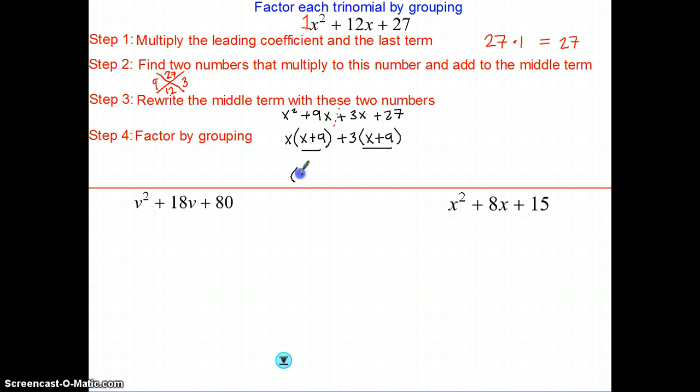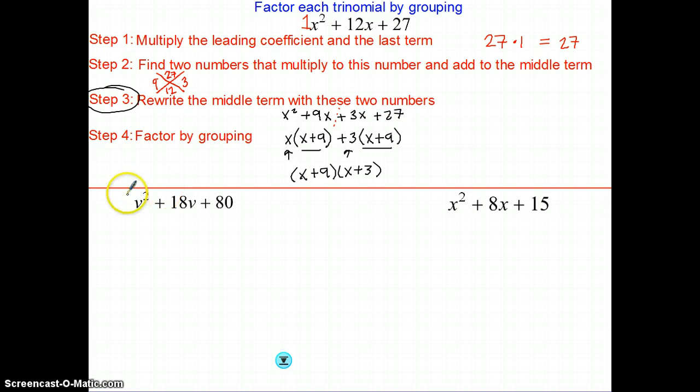So when I factor that out, in my second parentheses, I am left with my x and my plus 3. In order to factor by grouping, you must have 4 terms, which is why step 3 is so important. When we split up that middle term, we do get our 4 terms.